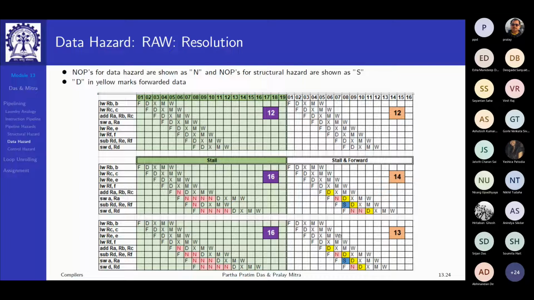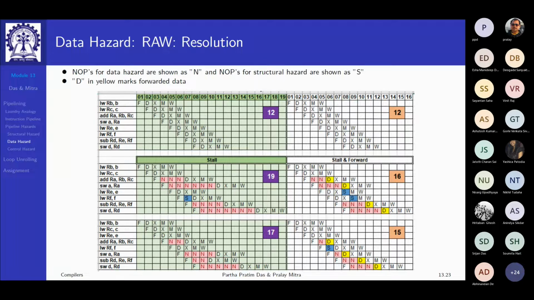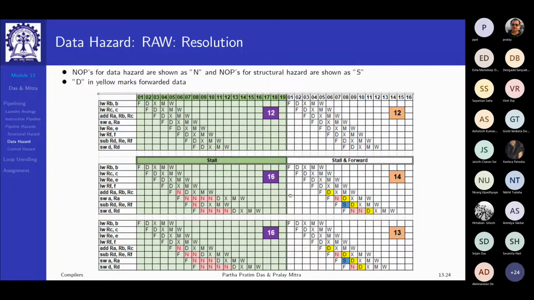So if you recall from the earlier slide, for an original schedule of 12 cycles, our original hazard-free solution was for 19 cycles. And with forwarding and rescheduling, we have been able to reduce it to 13 cycles, almost close to the original schedule. Right. So that is a basic task for the compiler.